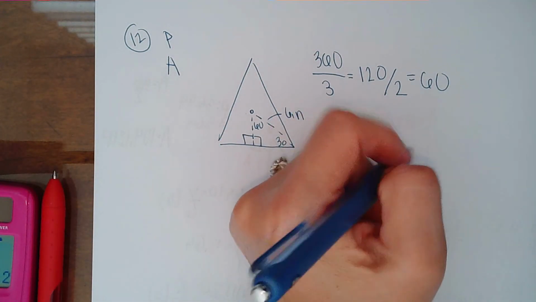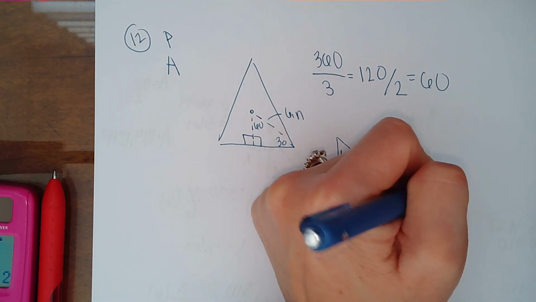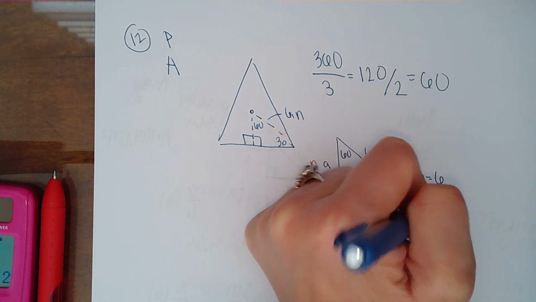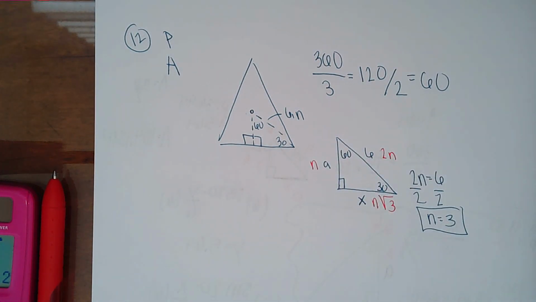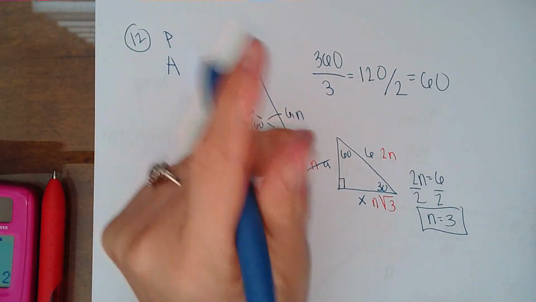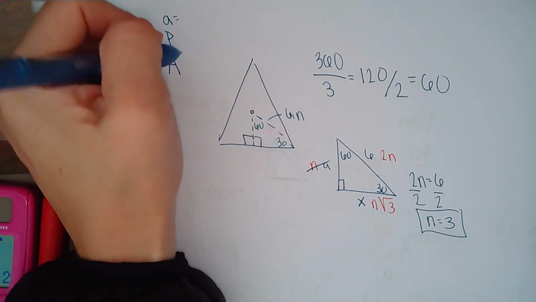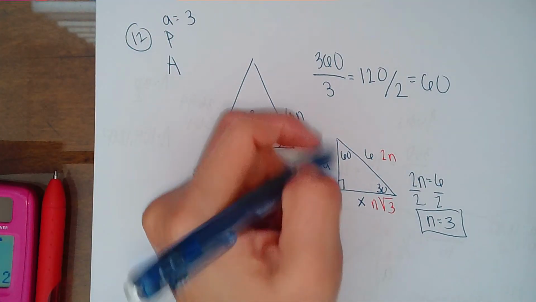All right, well, to solve for n, I'm going to do 2n equals 6. Divide by 2, divide by 2, n equals 3. So now I know that my apothem, lowercase a, is 3.